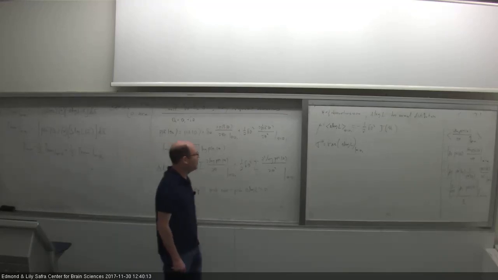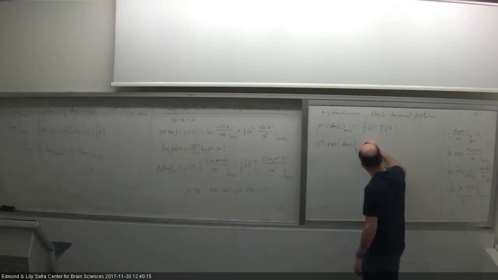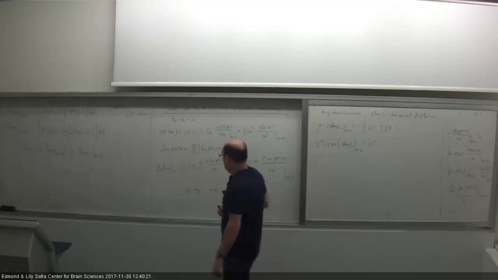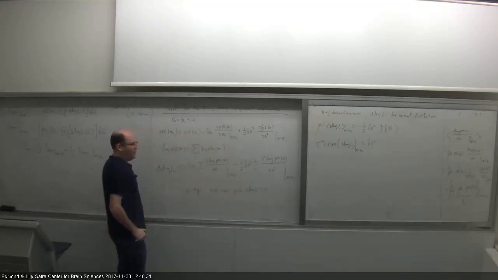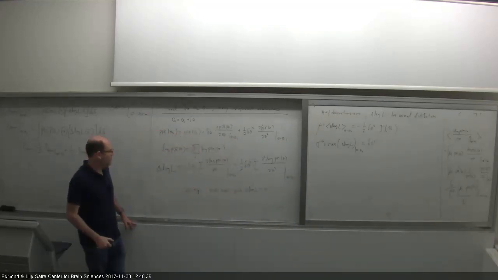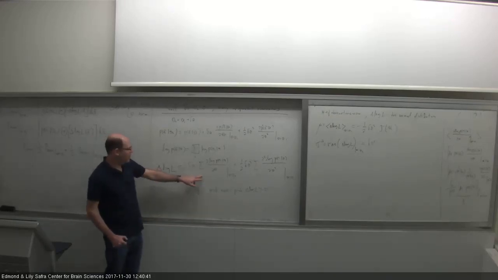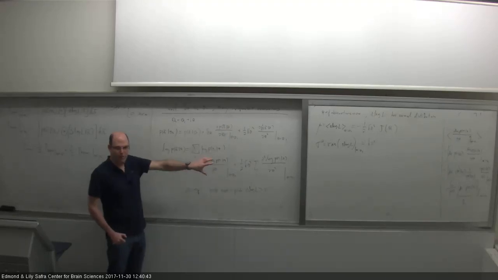So I will have something that looks like delta theta squared times the average of this thing squared. And what will we get? So in the mixed terms, we will have this sum multiplied by itself, right?